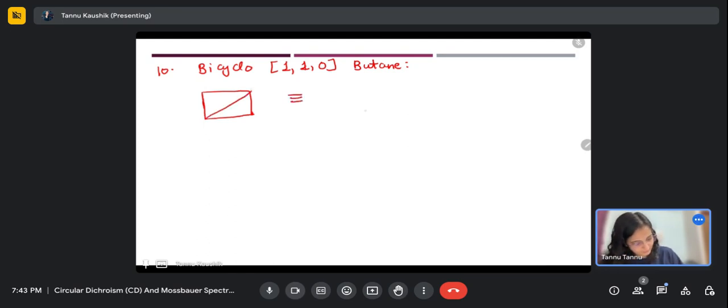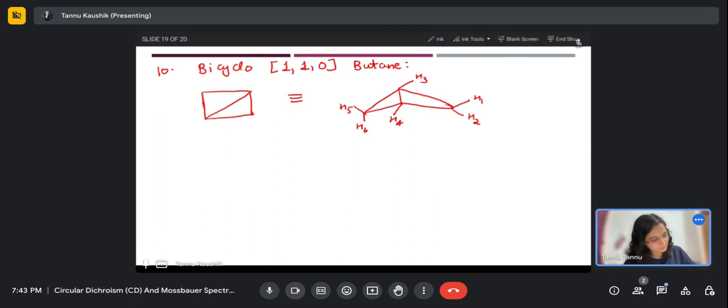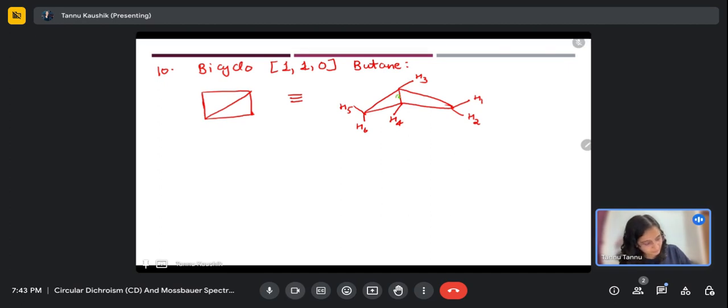So it is equivalent to, so here we have C2 axis.